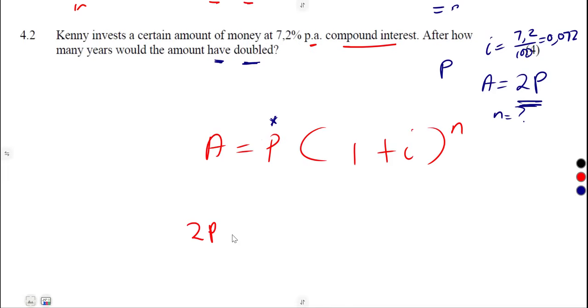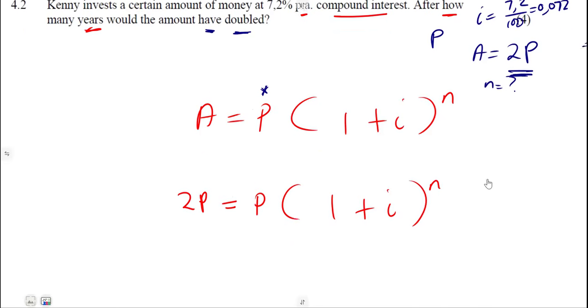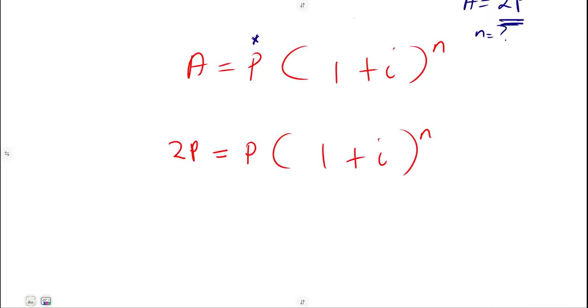So 2P is equal to P, the principal, what you started with initially, into 1 plus I to the exponent of the number of years. What is the value of n? You are to calculate the value of n. That's an equation that you have formed. P and P, they are common. You can divide these. So we're going to be left with 2 is equal to. All right, guys, I did not substitute something here. The I there. We have got this one, isn't it?